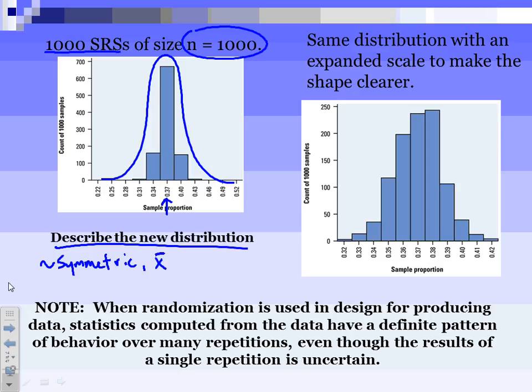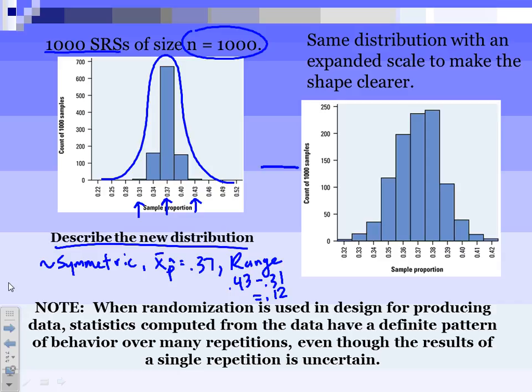The mean of p hat is still 0.37, but where is the change? The change is in the range. Now, we could be as high as 0.43 or as low as 0.31. So what's our new range? Our new range is now only 0.12. It was 0.3 before, now it's 0.12.